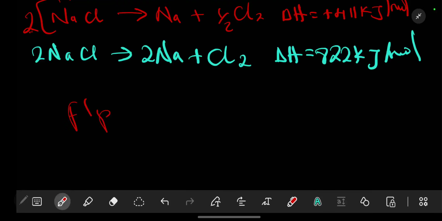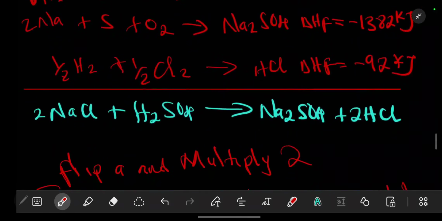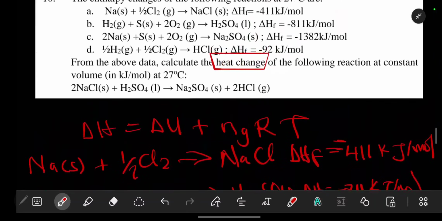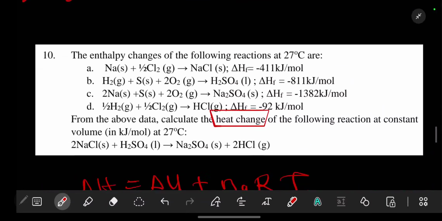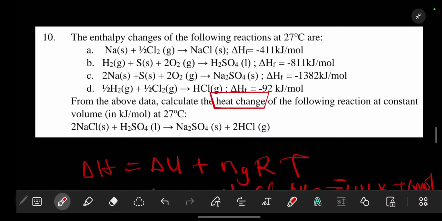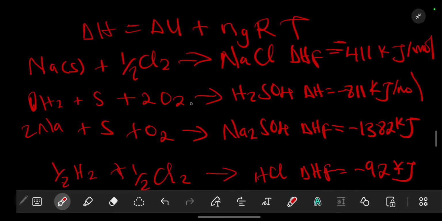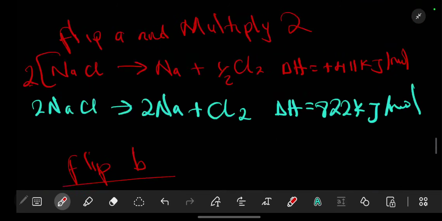So flip B. So flipping B means we are going to have, where's our B? This equation. So flipping it, sulfuric acid will become hydrogen, sulfur and oxygen.